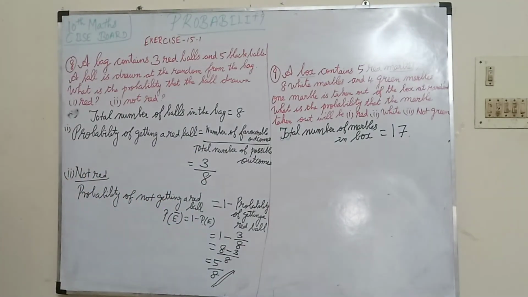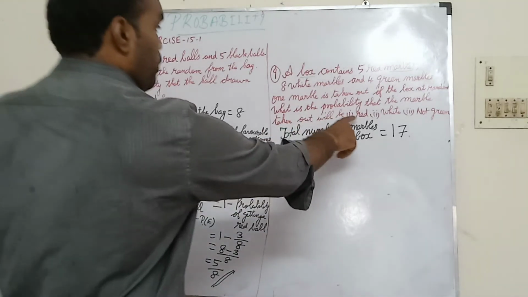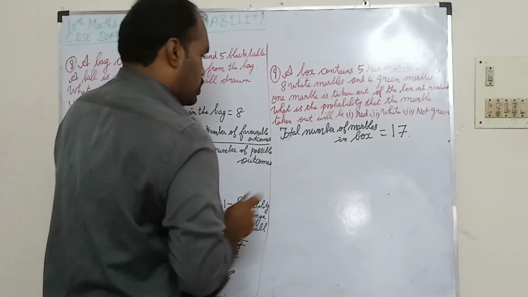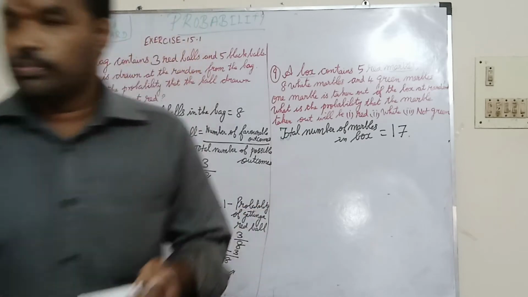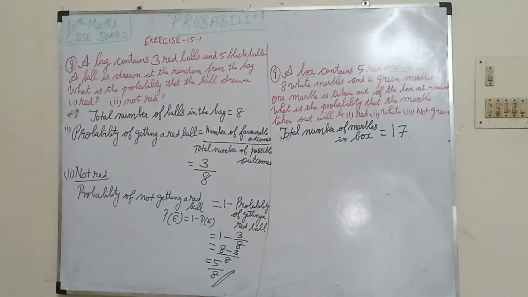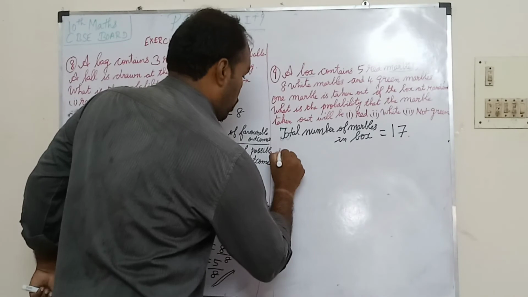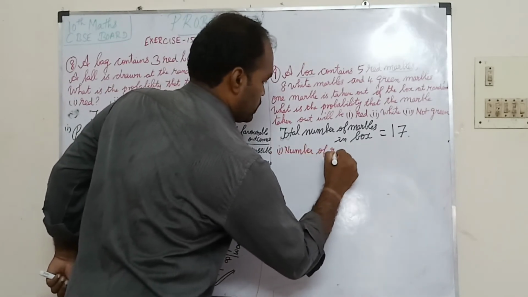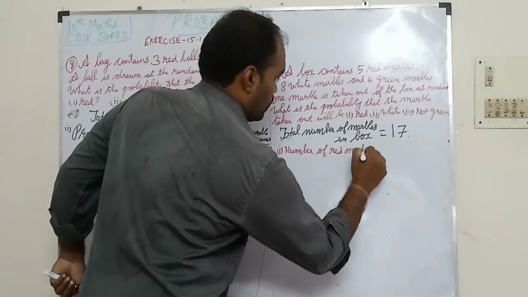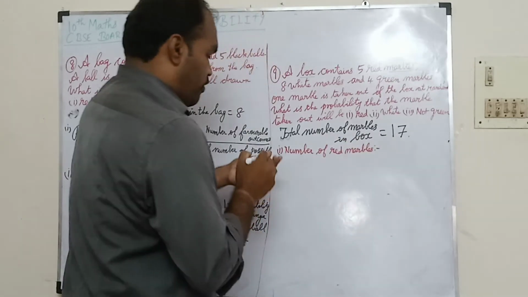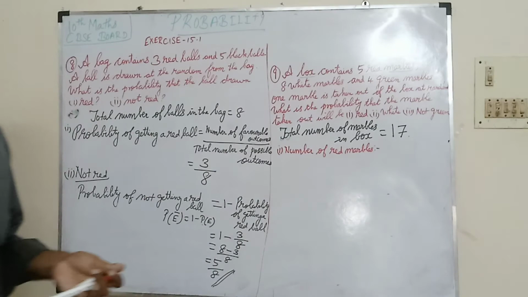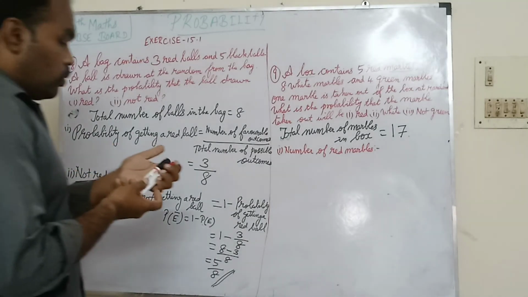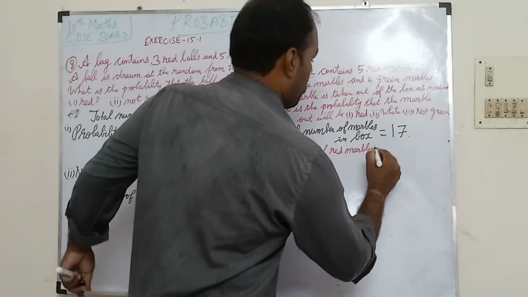So now we are going to find it out. What is the number of red marbles? For the first one, we are going to check with the first one. The probability of red marbles is equal to, what is the formula?